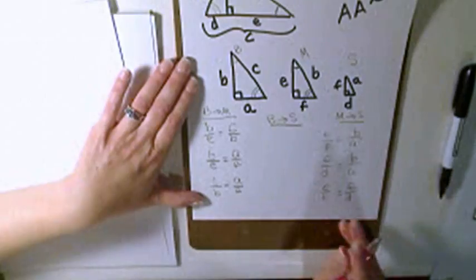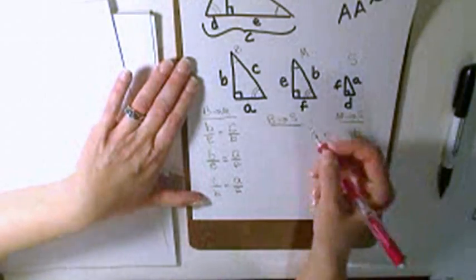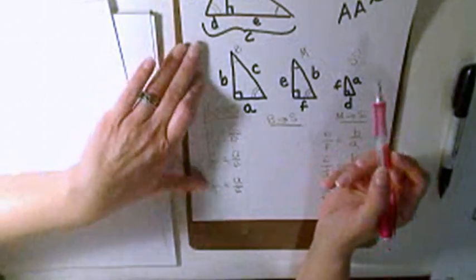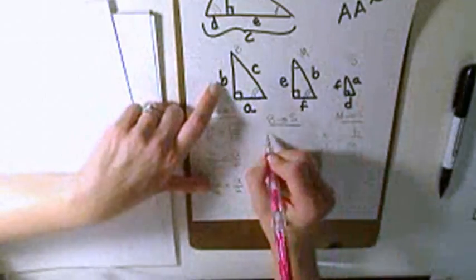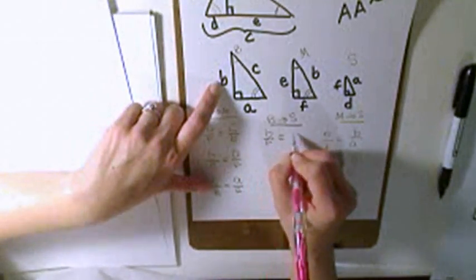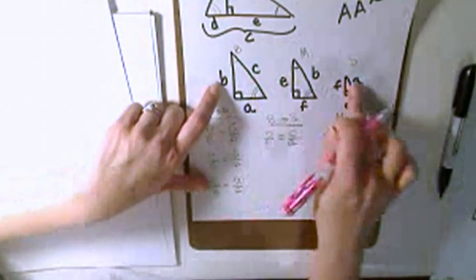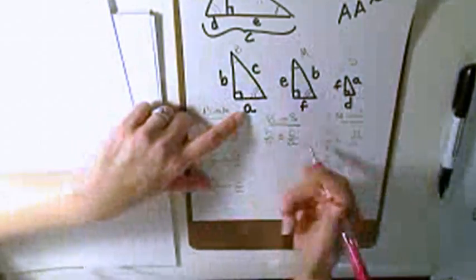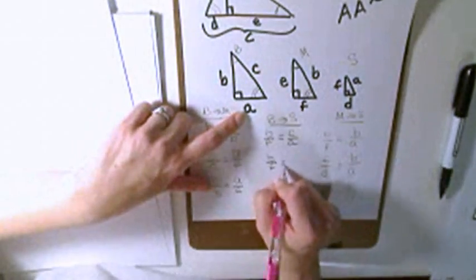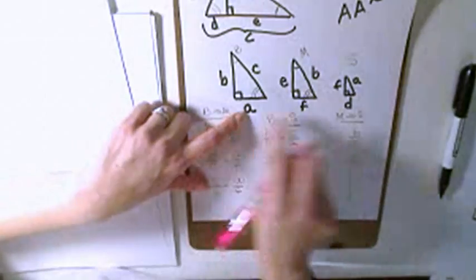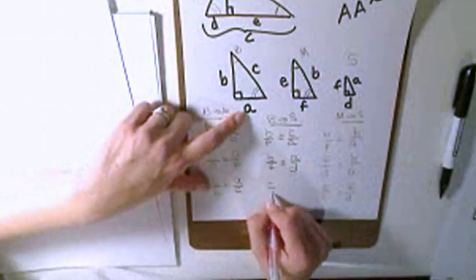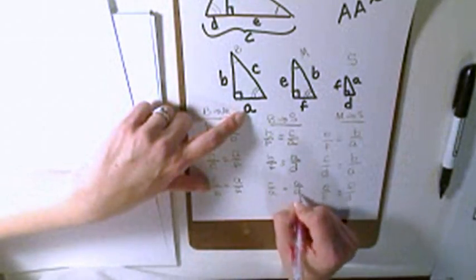And we're going to see that some of these proportions are actually the geometric means we are looking for. B to F equals C to A. Okay, B to F equals A to D. Now I'll put these two together. C to A equals A to D.